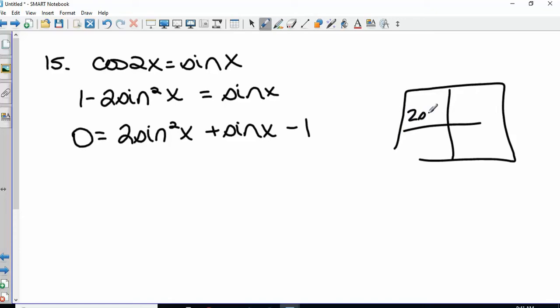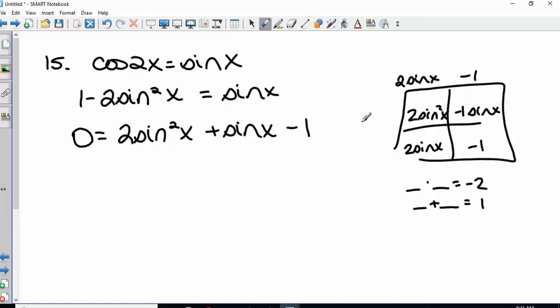So now we can factor. Again, because this is a 2 for the coefficient, we have to do the full box. So I need two things that multiply to -2, add to +1. So that would be a +2 and a -1.